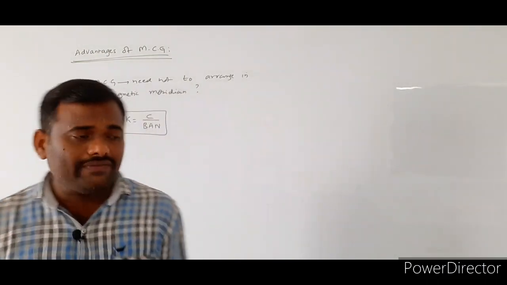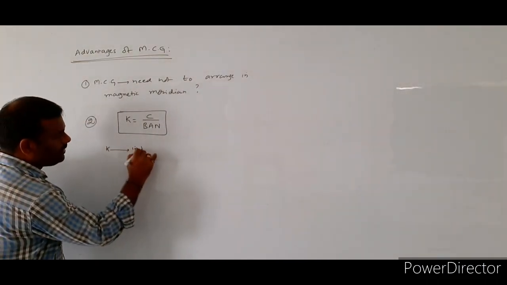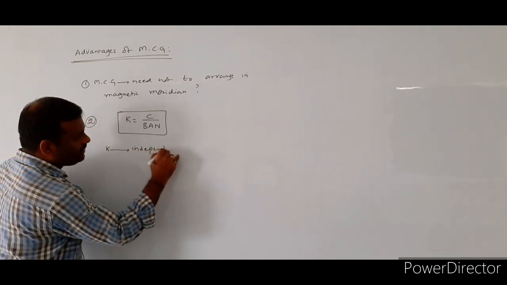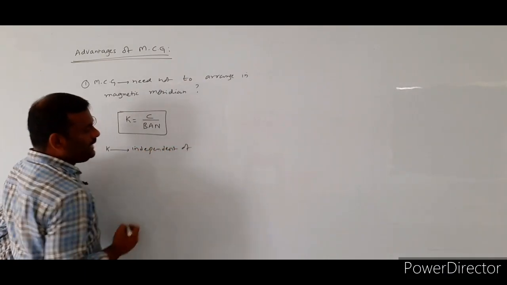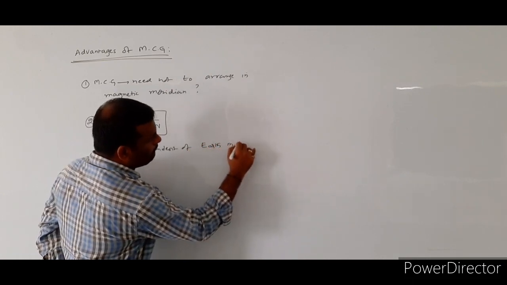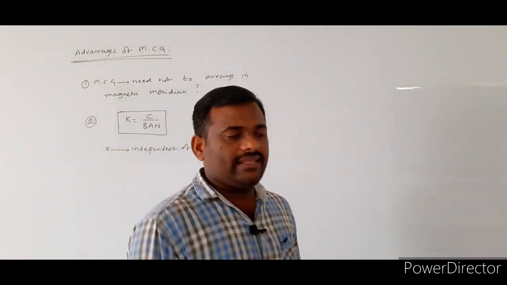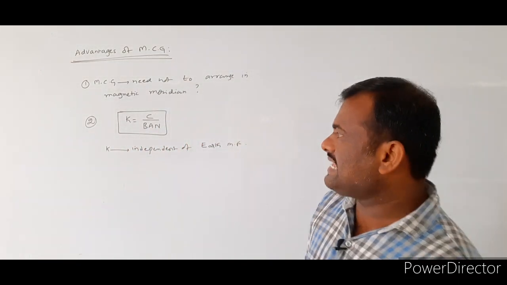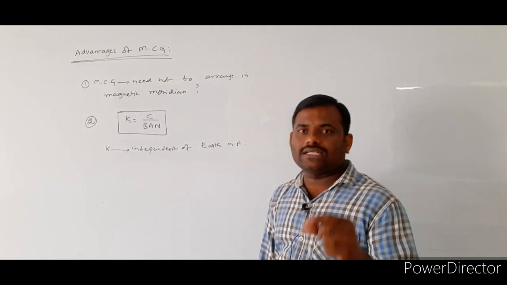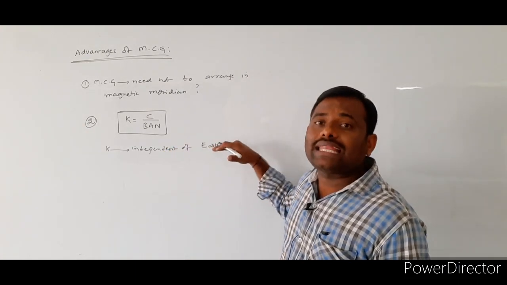So this K value is also independent of the earth's magnetic field. In the galvanometer constant formula K is equal to C by BAN, that K is independent of the earth's magnetic field.